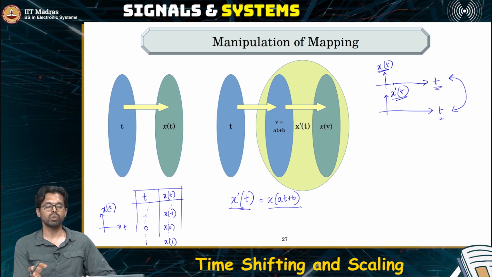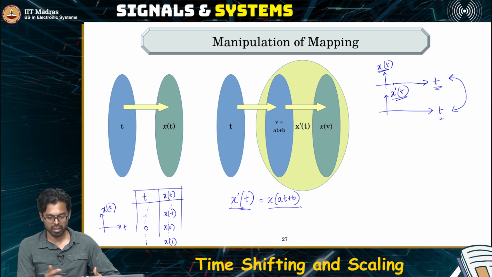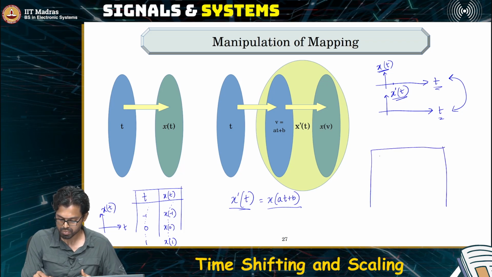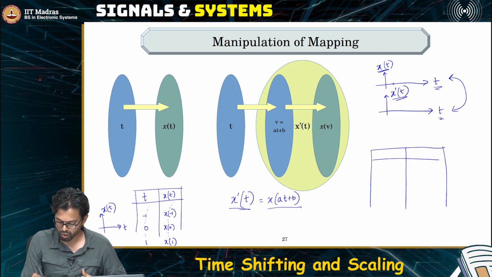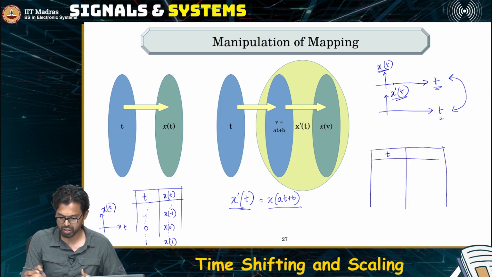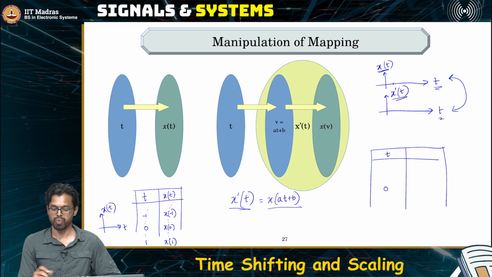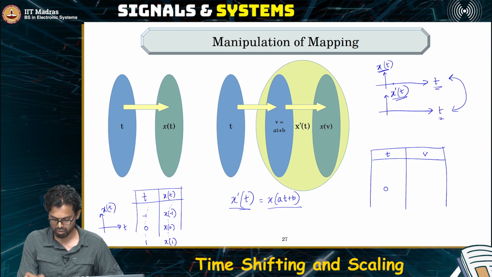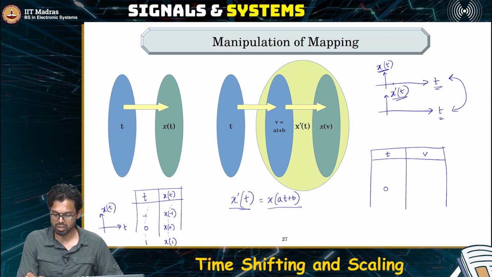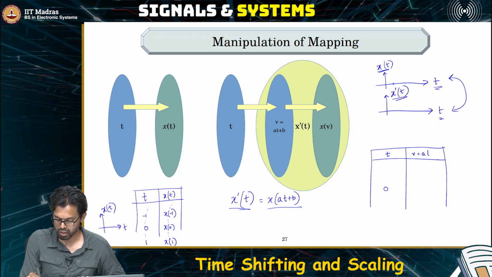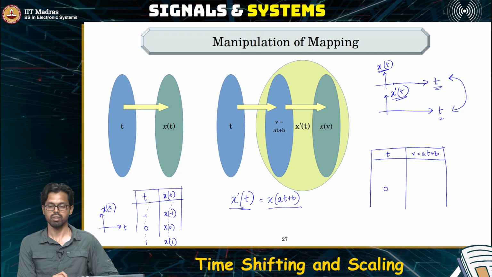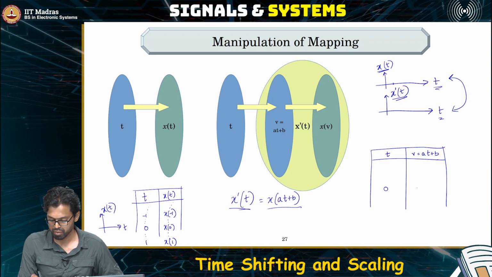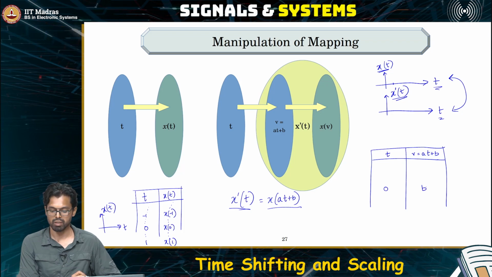It is related to x of t. And how is it related? It is related in this fashion: when you have t to be, let's say, 0, you compute some other variable, which is equal to at plus b, so at t equal to 0, it is b.